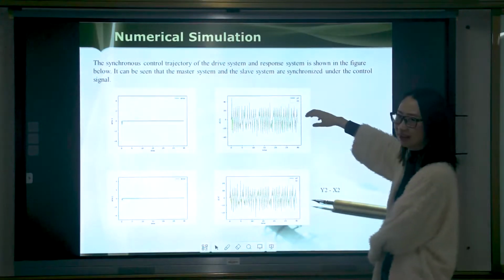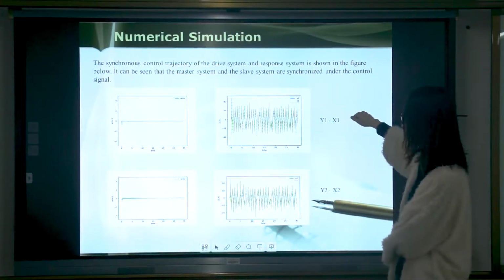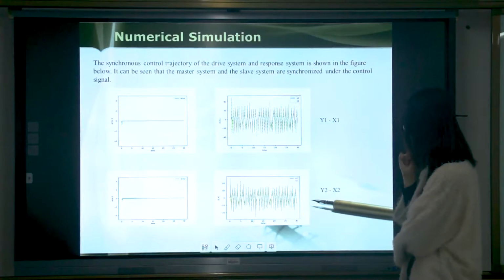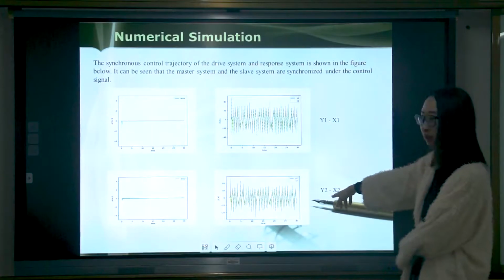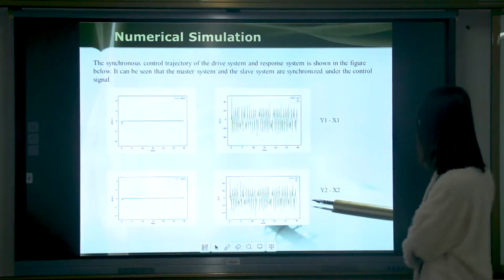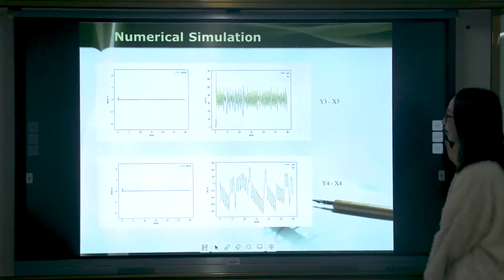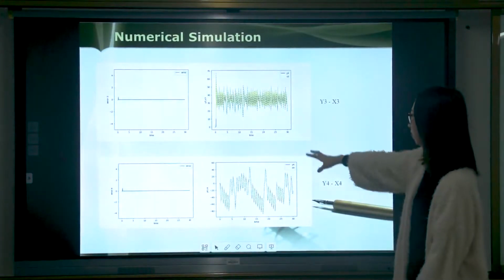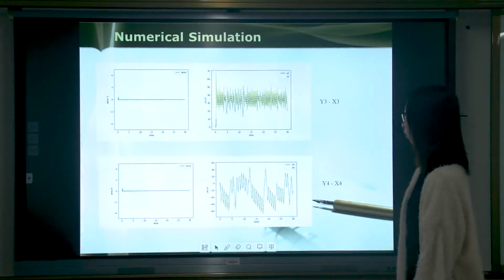As you can see, it obtains the control and gets the synchronization. And these two pictures are Y2 and X2. And this picture shows Y3 and Y4.